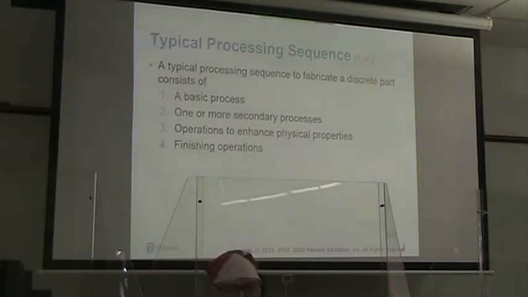All right, so a typical processing sequence is going to have a basic process that gets it to the basic shape that we want, one or more secondary processes, and then we may have operations that enhance physical properties.